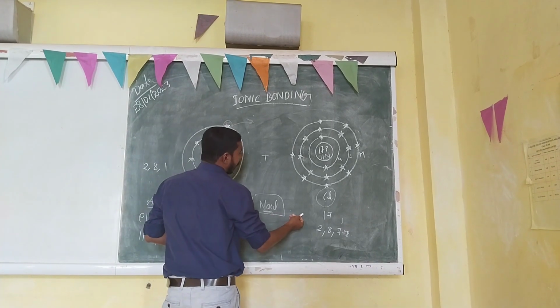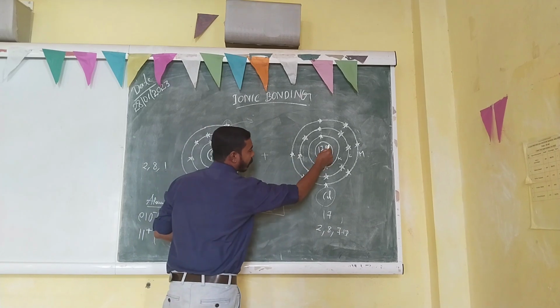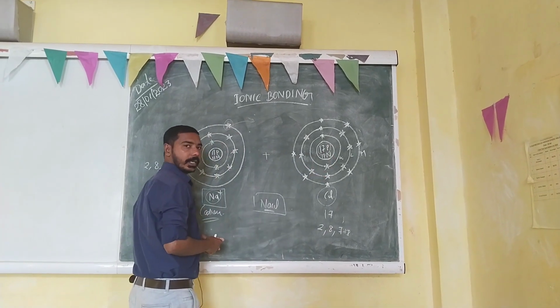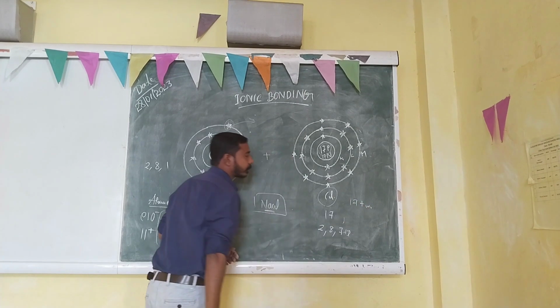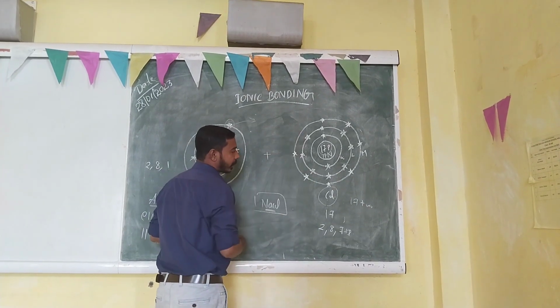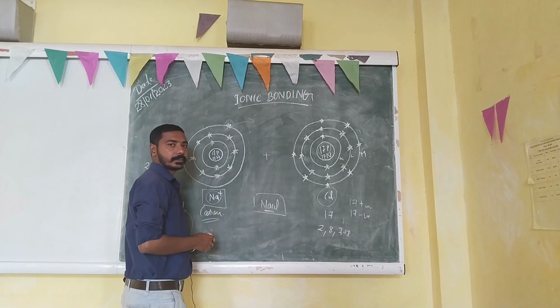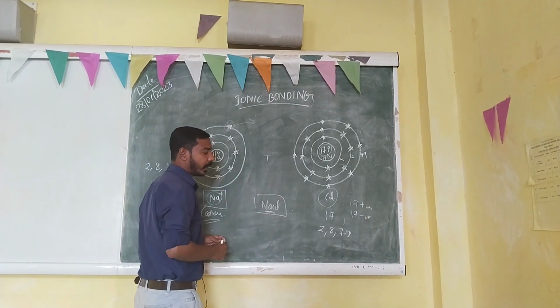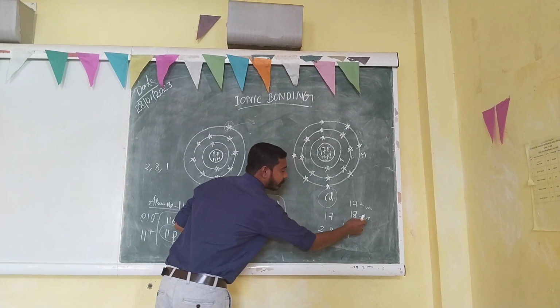The number of protons in chlorine is 17, which means chlorine has 17 positive charges. Before receiving that 1 electron, chlorine has 17 negative charges. After receiving that 1 electron, the number of electrons becomes 18.